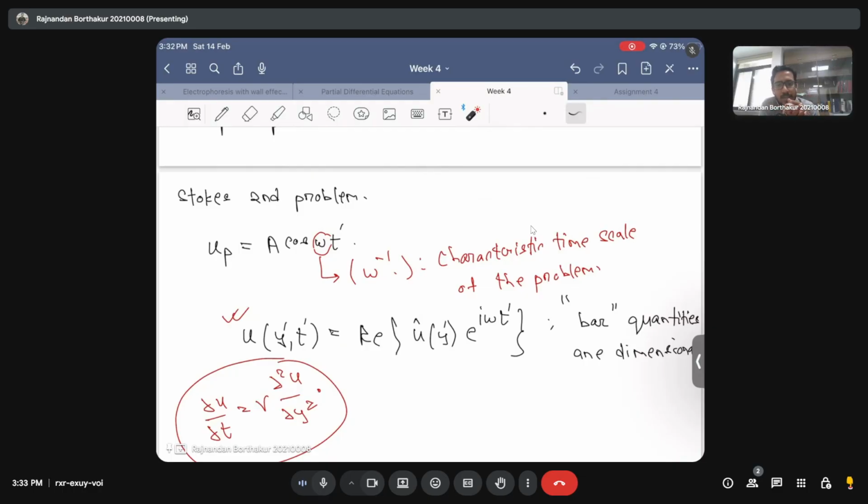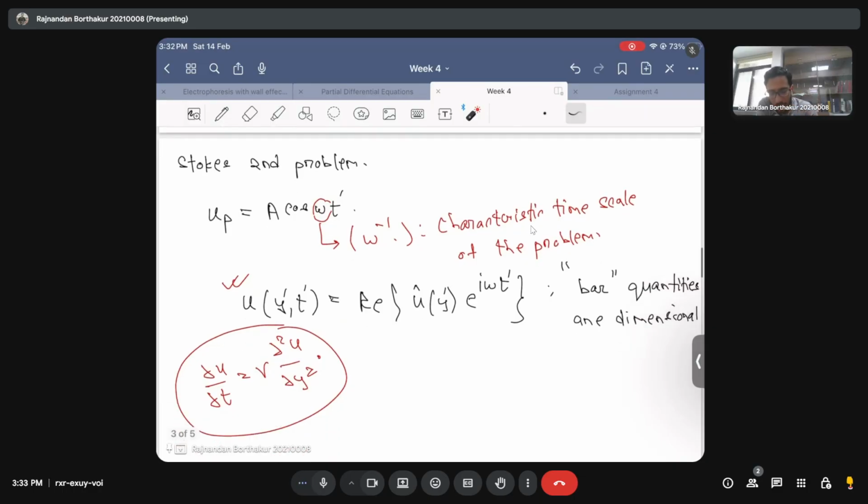The second advantage is that I can now look into the physics of the problem and argue how my solution is going to span in a given time or in a given space.